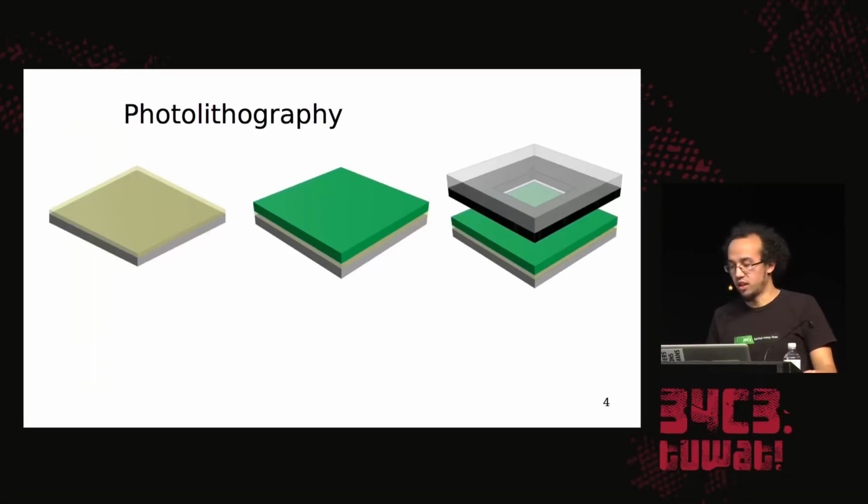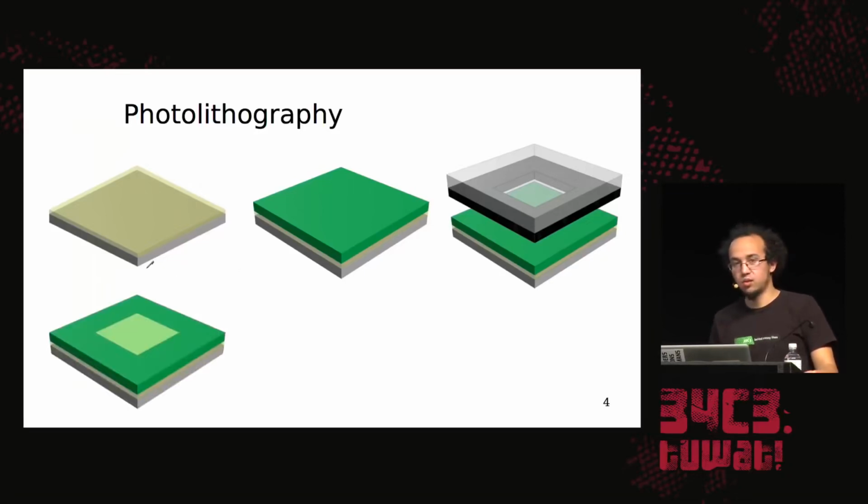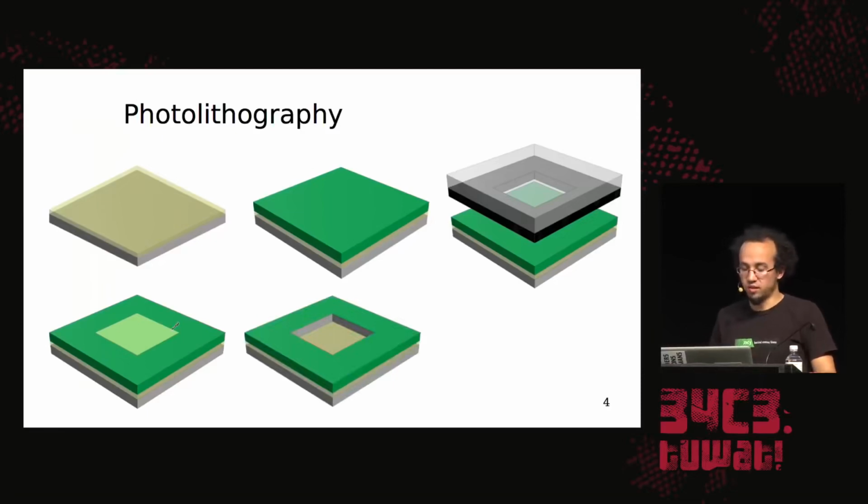Then you shine light through this mask, and this gives you areas of photoresist which undergo some reaction, which makes them soluble in some developer solution, which is exactly what you do. You place it in developer solution, which takes away the exposed resist and leaves the silicon dioxide in some areas bare and otherwise coated.